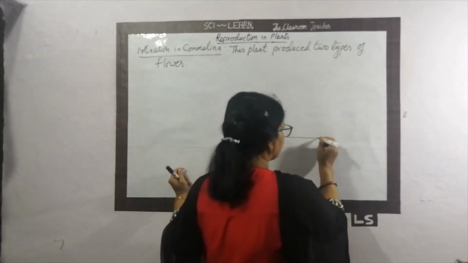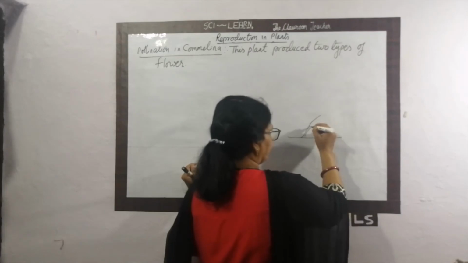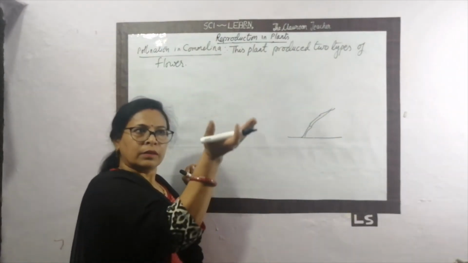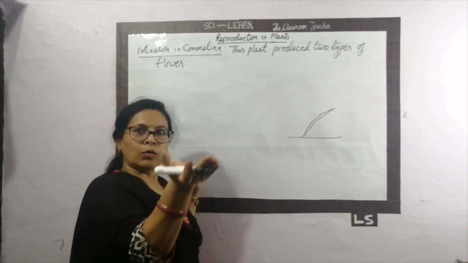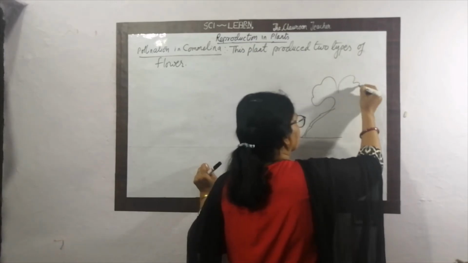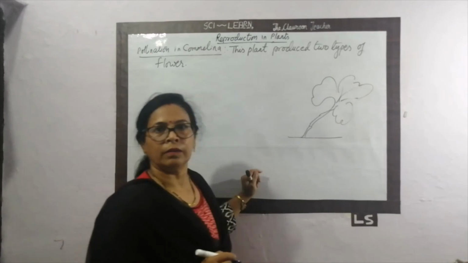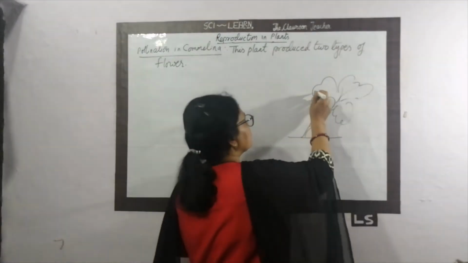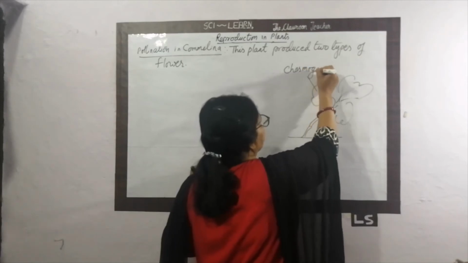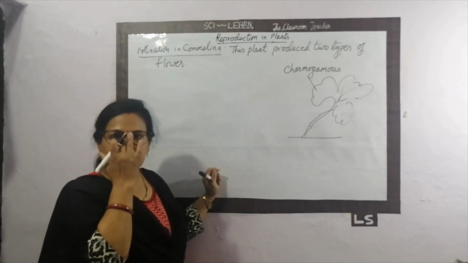Let's see the diagram first. Okay. This is upward, above the ground surface. The flower is present like this. Okay. This flower is called CHASMOGAMOUS. This is one type of the flower which is present in this plant.